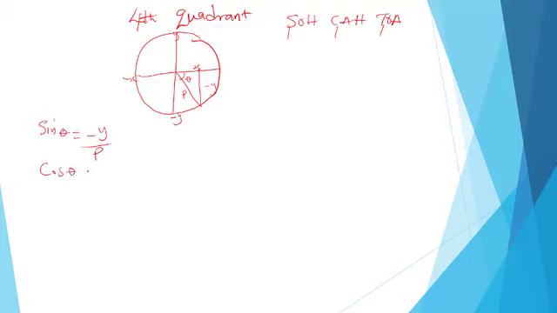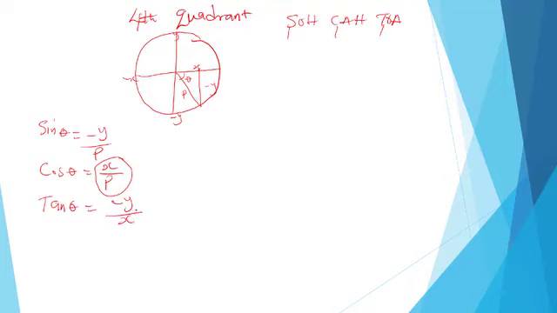For cos theta, it equals adjacent, which is x, all over hypotenuse, which is p. So cosine in the fourth quadrant has a positive value. And we also have tan theta. Tan is opposite, which is minus y, all over adjacent x.